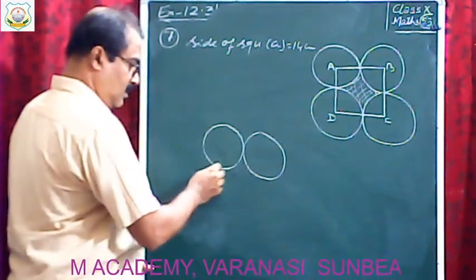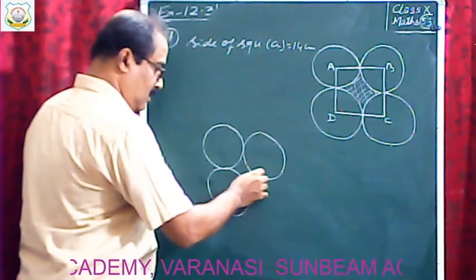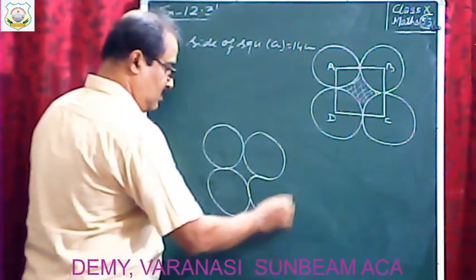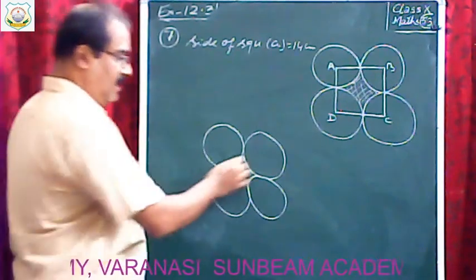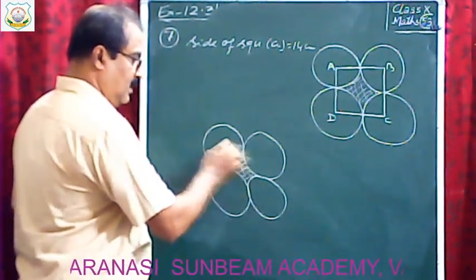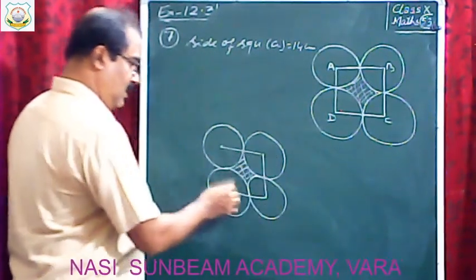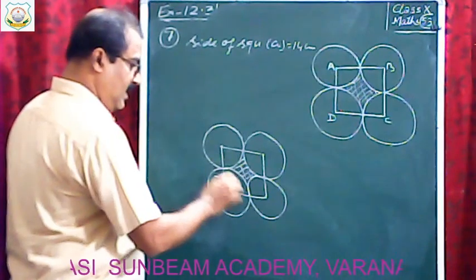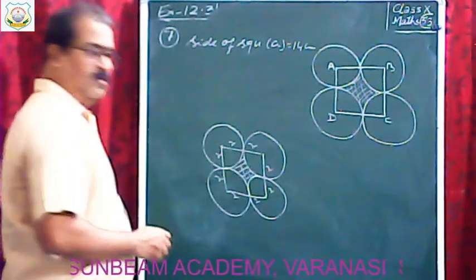Suppose the square is not given. 4 circles, each touches the other 2 out of 3. Then find the area included between the circles. Same thing: if we join the centers, we get a square because the radii of the circles are equal.